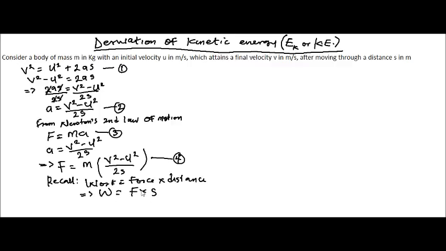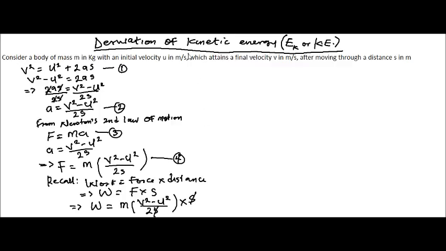Don't forget, from equation 3 we have that F is equal to m into bracket v square minus u square over 2s. So we can therefore say that work is equal to m into bracket v square minus u square over 2s, everything times s. Now in this case we cancel s here.